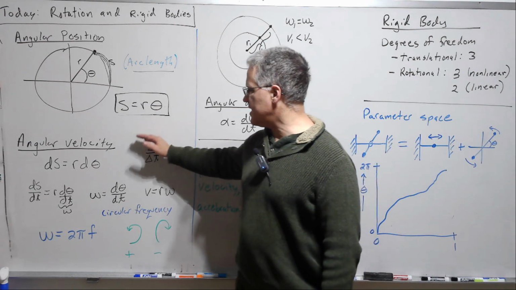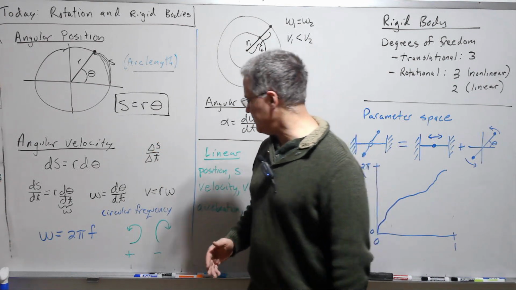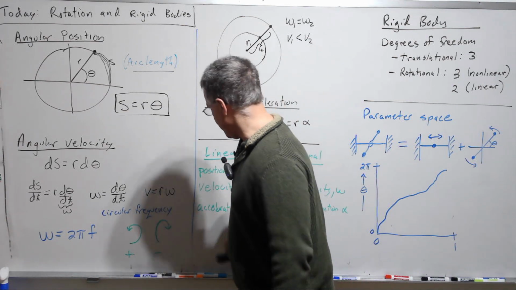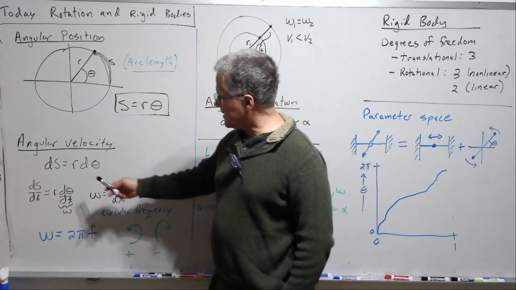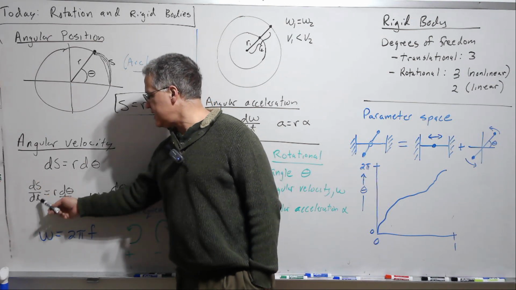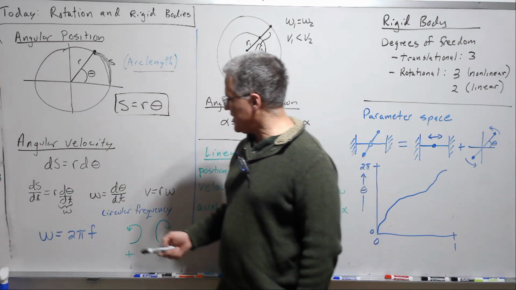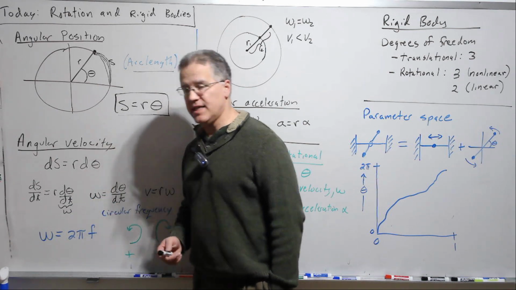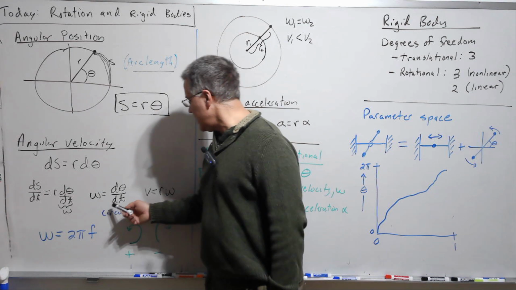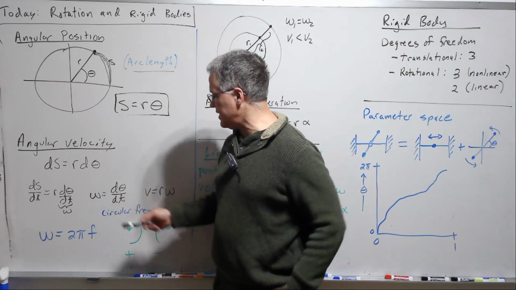And as long as the change is not too significant, that will be fine. But we will write this as d's and use just a little bit of calculus here. So ds dt is r times d theta dt, and that defines what we call the angular velocity.